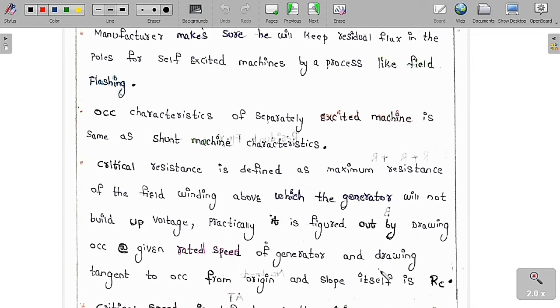If you draw a tangent line to the OCC from the origin, whatever the slope is, it is called the critical resistance Rc. So if Rf is greater than Rc, there is no build-up of voltage. So Rf should always be less than Rc. Then only there is a point of intersection between the OCC and Ef = If into Rf. Then we can say that there is a build-up of voltage.